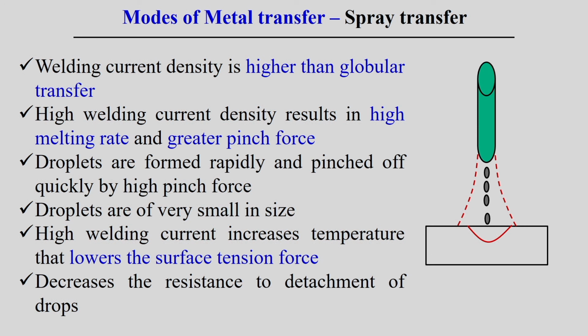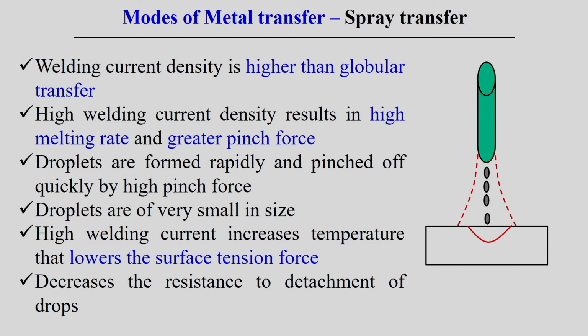High current density results in a very high melting rate, so the material melts quickly, and there is a high pinch force creating lots of droplets. Droplets form very rapidly because of the very high current density, and at the same time they pinch off very quickly by the high pinch force.